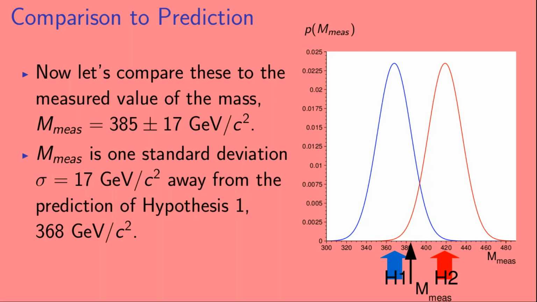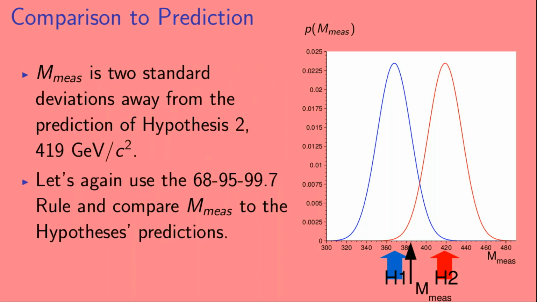Now let's compare these to the measured value of the mass. So m measured equals 385 plus or minus 17 GeV/c². M measured is one standard deviation, sigma equal 17 GeV/c², away from the prediction of hypothesis 1, which was 368 GeV/c².